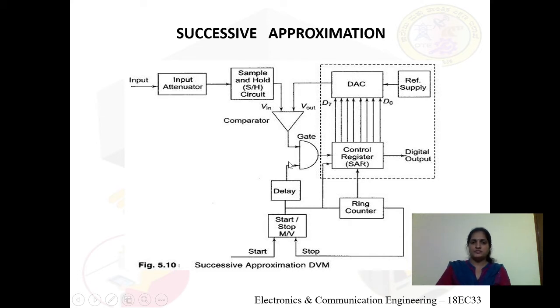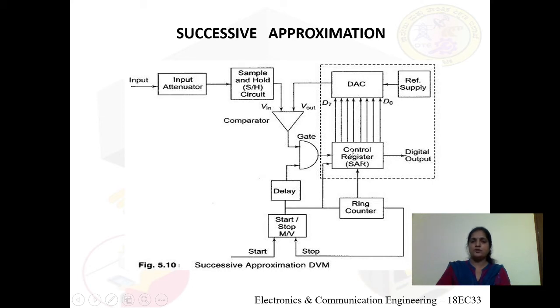Coming to the working principle, here we load the input voltage which is to be measured, and this voltage keeps on being compared with the output of the DAC. After performing the comparison, the output of the comparator is obtained, and depending on the output of the comparator, we perform either the setting or resetting of the bits, which is achieved by the control register called SAR.